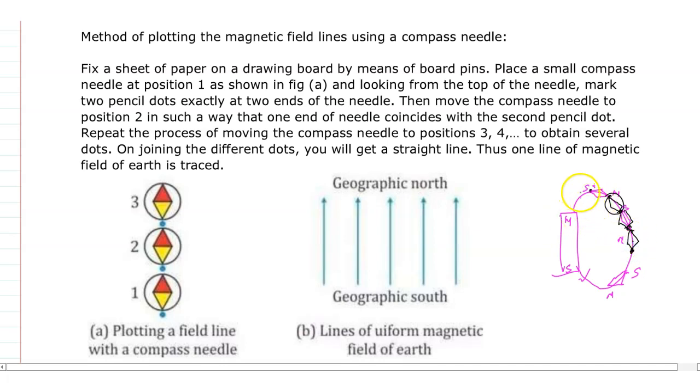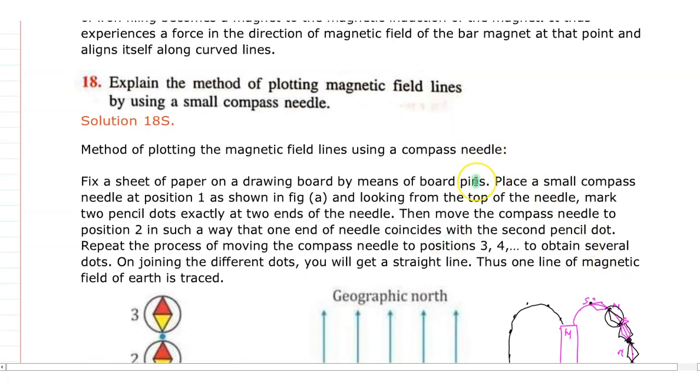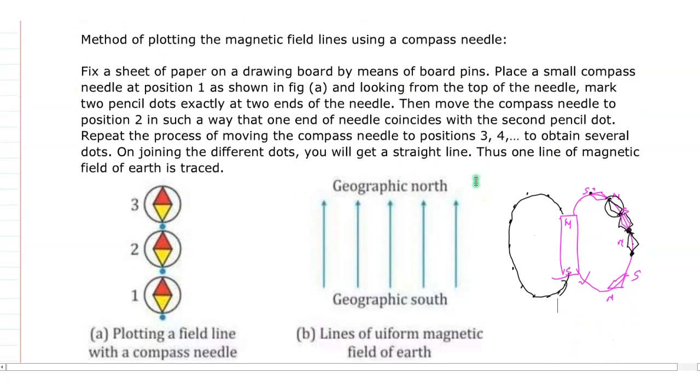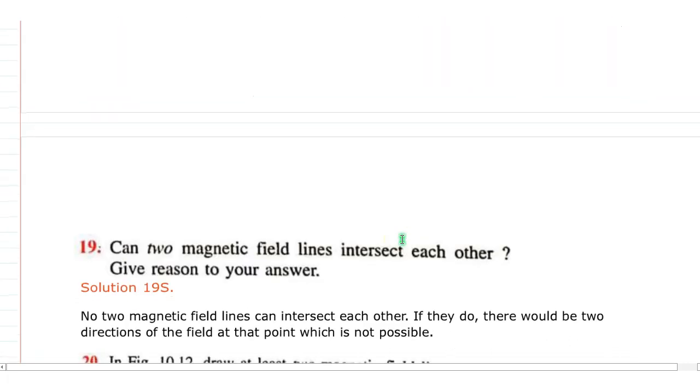Then you will get some points like this. Then join these points, and you can get the field lines. Clear? So this is the method of plotting the magnetic field line using a compass needle. The explanation is here, you can read.